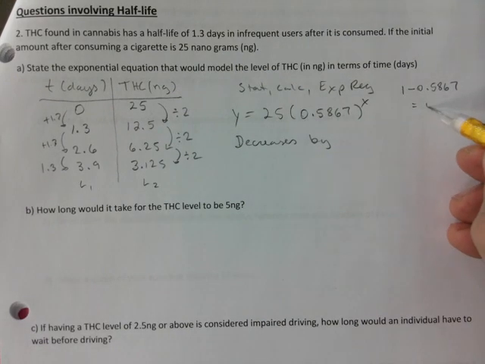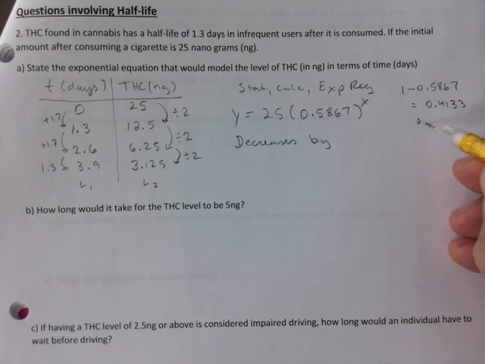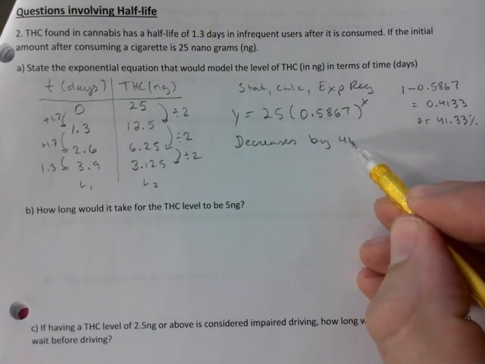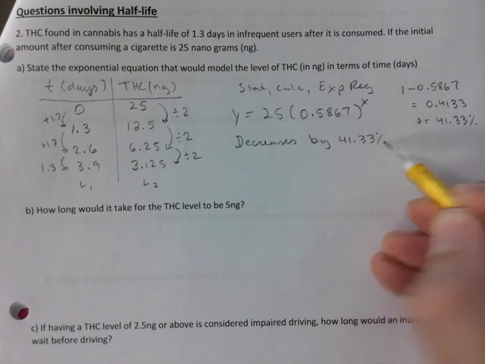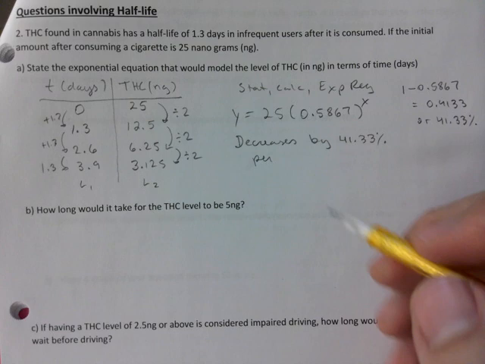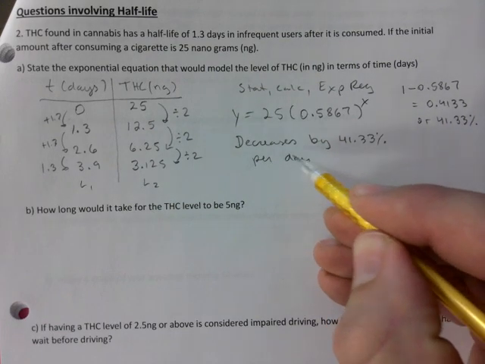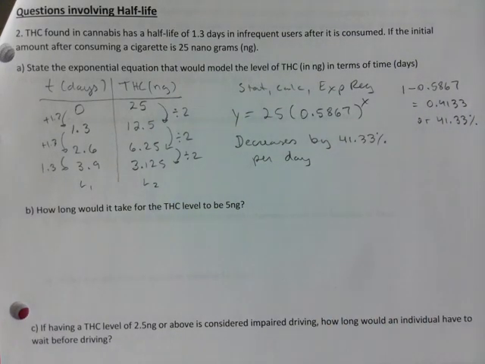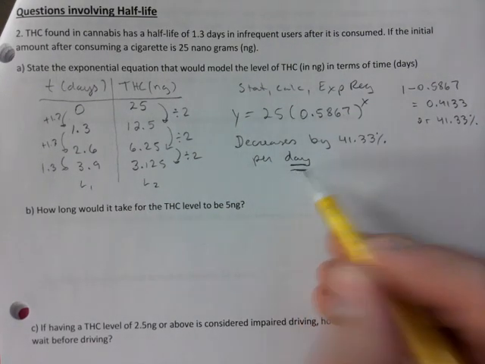And that's 0.4133, or 41.33%. Okay, decreases by 41.33% per what? What's our time? It's per day.